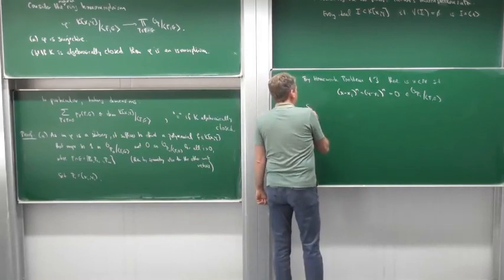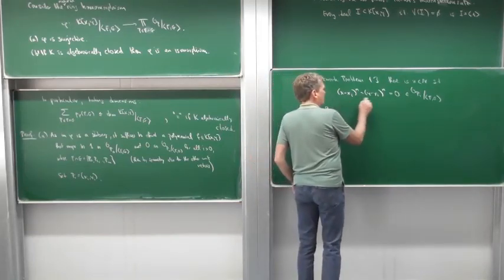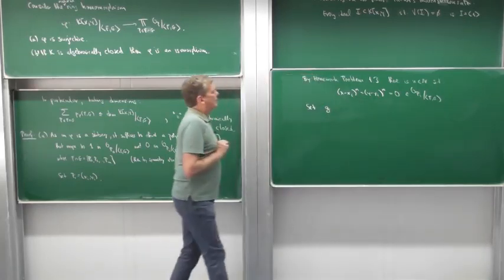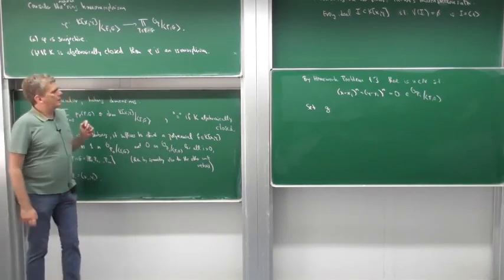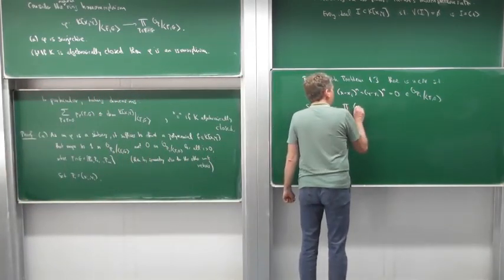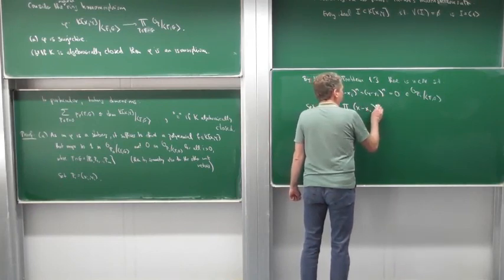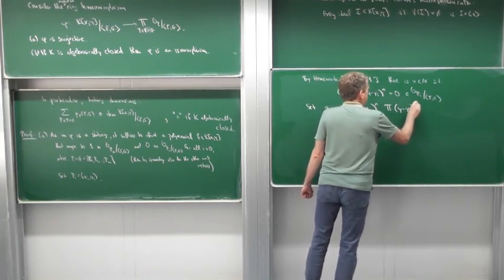And for that, we now first set a polynomial g that should be the product of all these things for all the xi and yi that are not equal to the coordinates of the point P0. So we take the product over all (x minus xi) to the n times the product of (y minus yi) to the n.